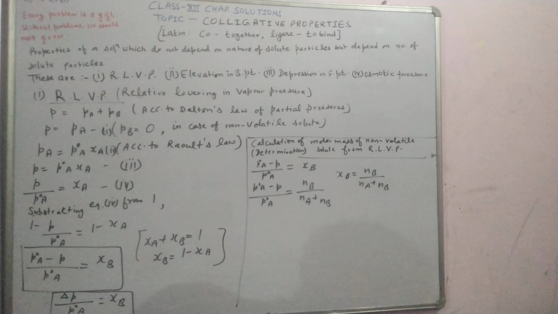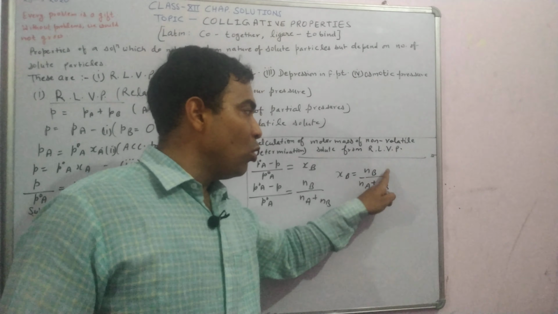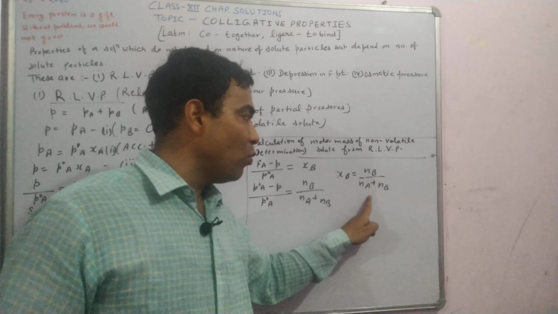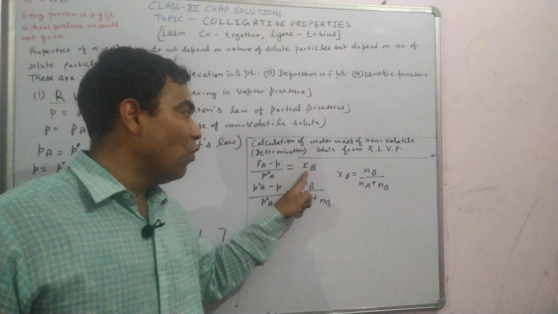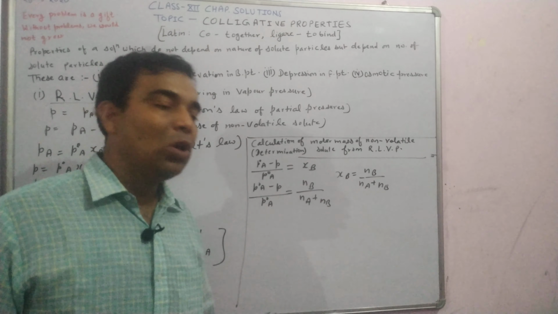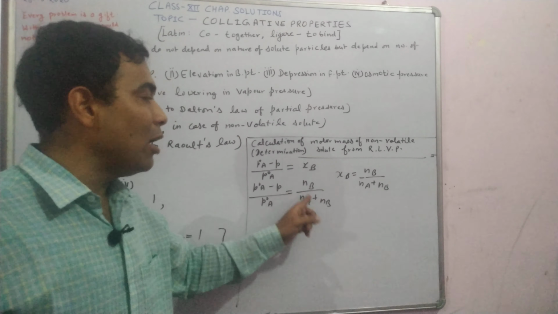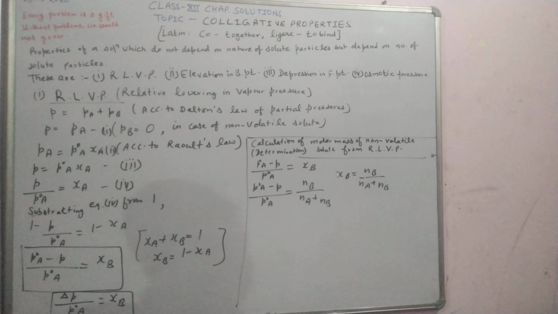If we want to find the mole fraction of any component, it is equal to the number of moles of that component divided by the total number of moles of all components. So the value of XB, the mole fraction of solute, will be equal to NB by NA plus NB.